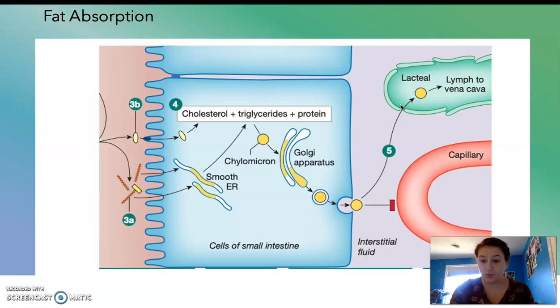It's like a little duct, a little extension, kind of like a villus, but it's called a lacteal, and it's for the lymphatic system. It reabsorbs lymph, and it's going to reabsorb the chylomicrons, and then the chylomicron is going to travel in the lymph all the way to the vena cava, where it will meet up with the blood. And that is how fats are digested and reabsorbed.